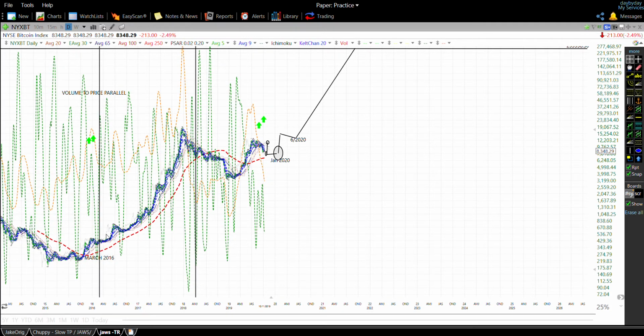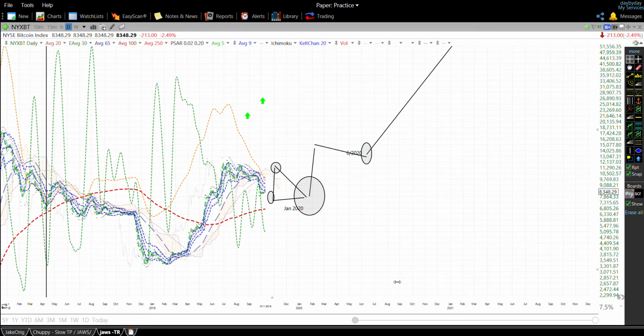analogously. And now we've just come through with this big move up, and now we are consolidating further with time and moving towards what would eventually become this very large parabolic up move. And that is what is on my mind.